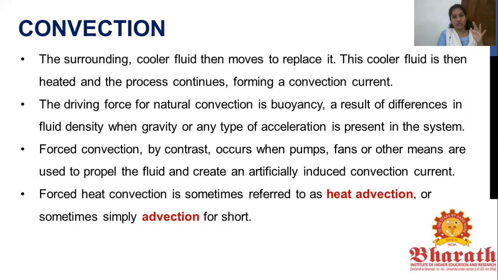So what exactly is it? In natural convection, the heat is getting transferred because of the heat itself. The hot air becomes lighter and moves up, and the colder air is denser, so as it moves up, there is a cycle that keeps on happening. In some scenarios you talk about forced convection, where pumps, fans or similar things are used to propel the air.